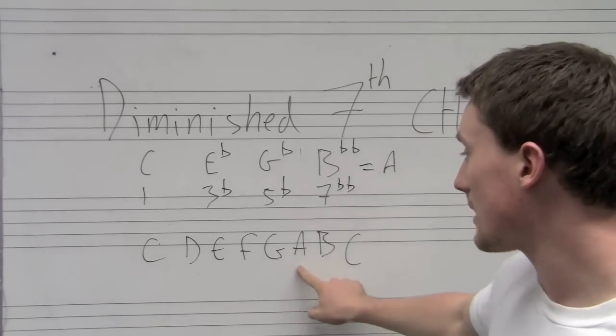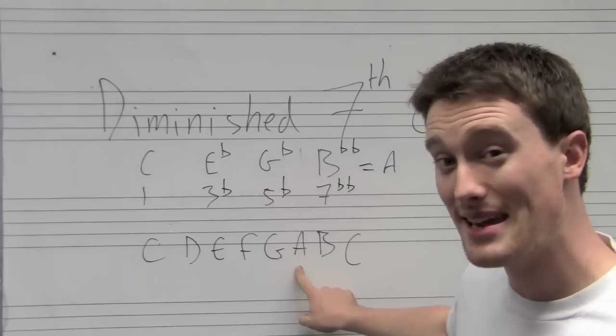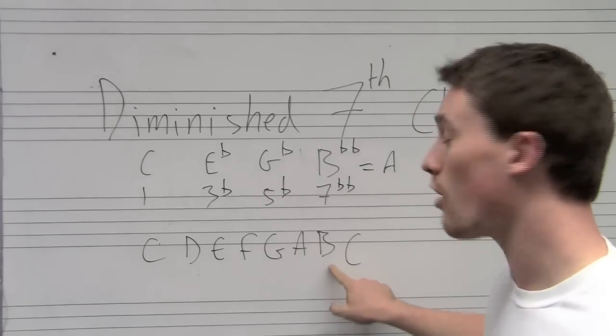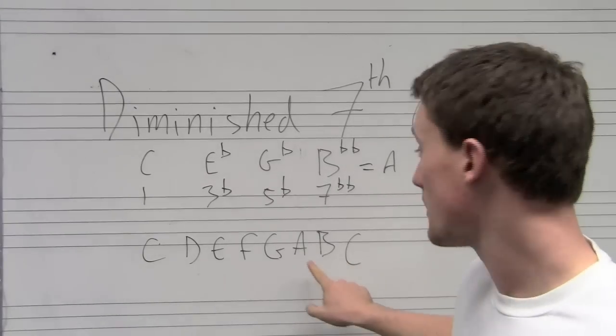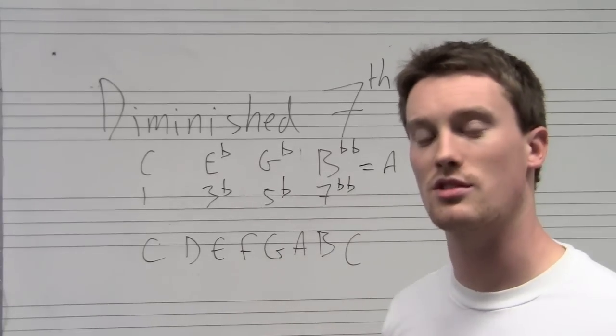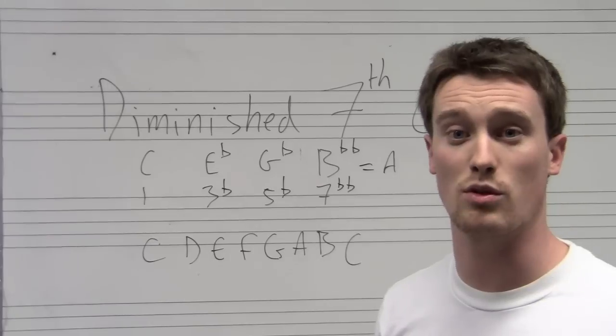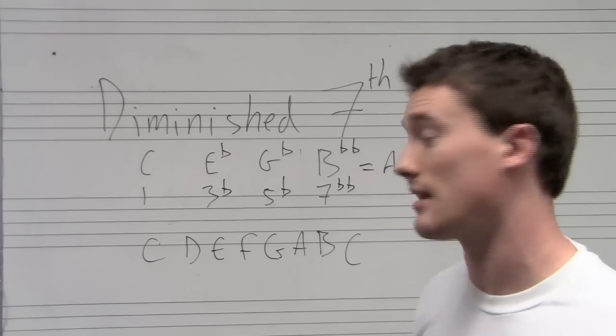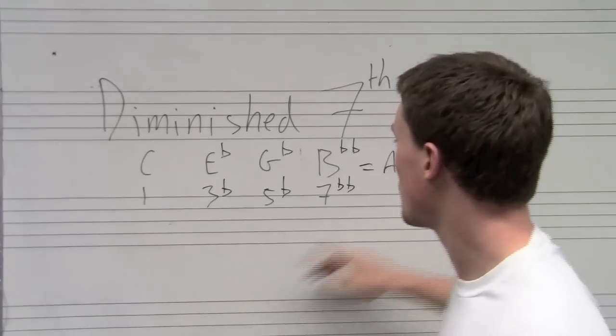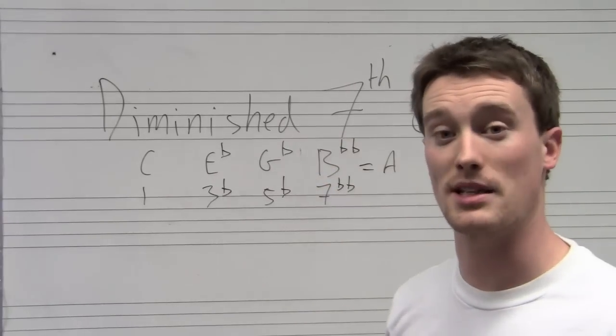So A is already in the C major scale. So to me, it just makes a little bit more sense altering the B with a double flat than writing an A. Because if you just wrote the A, it could suggest a different type of chord. It could be like a 6th chord or something like that. So I would keep it as the double flat, because that makes more sense, yeah?